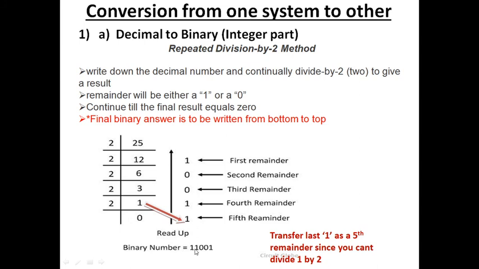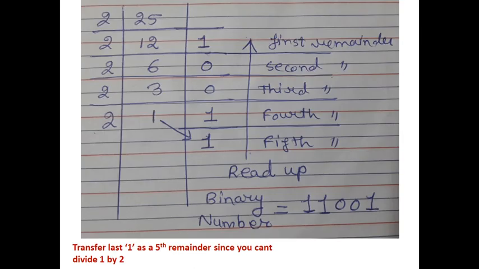So don't forget to transfer the last 1, which comes as a remainder, because you cannot divide it by 2. This is the way you should do it. So 25 divided by 2, and keep on dividing by 2, and on the right hand side you write the remainders, this 1 is transferred here, and see the arrow from bottom to top. So it is always read up.